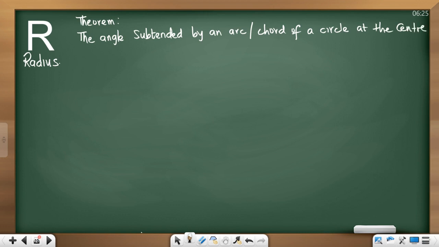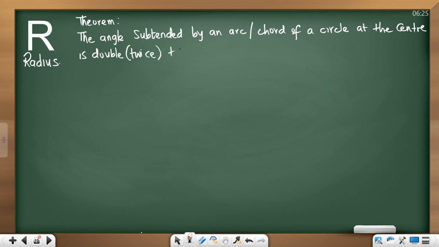Now that's where the radius comes in, because radius would come from the center. Is double. D-O-U-B-L-E. And double means twice, right? I'll just write it there because we'll be using that a lot.